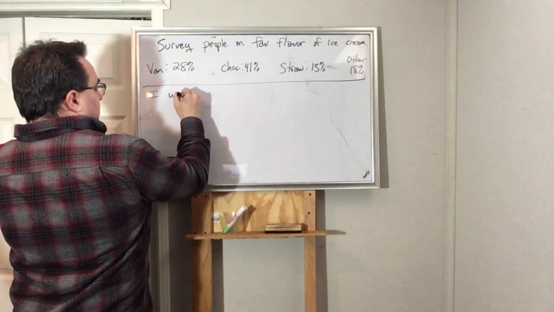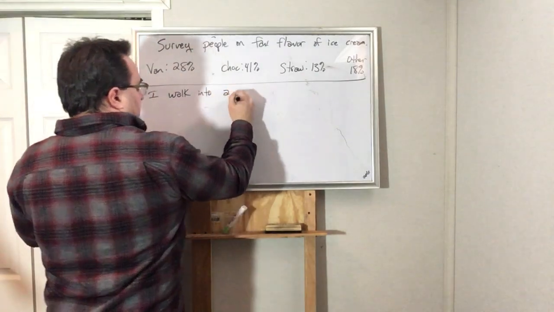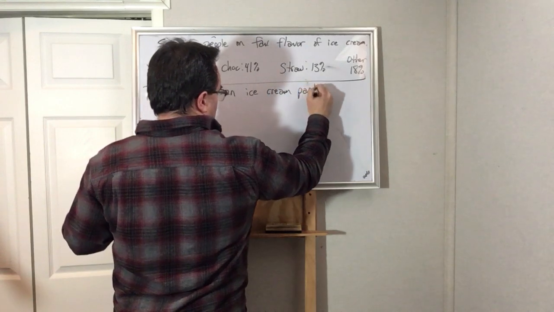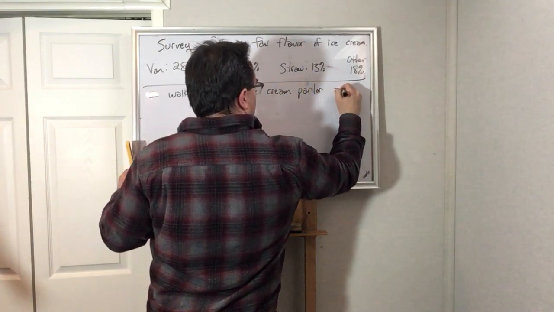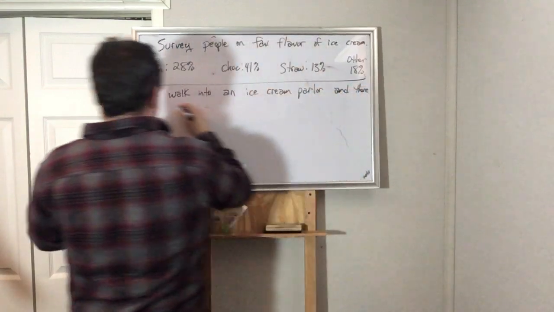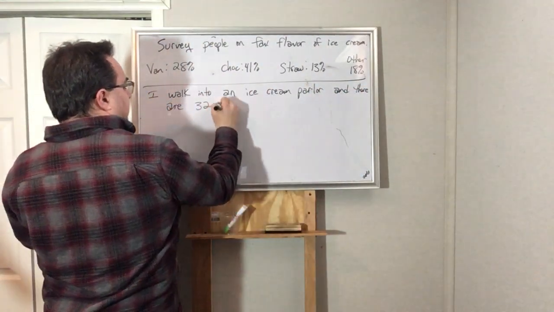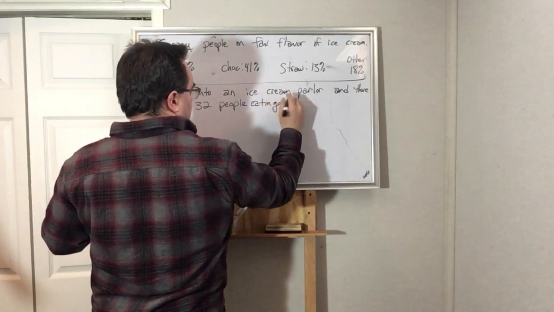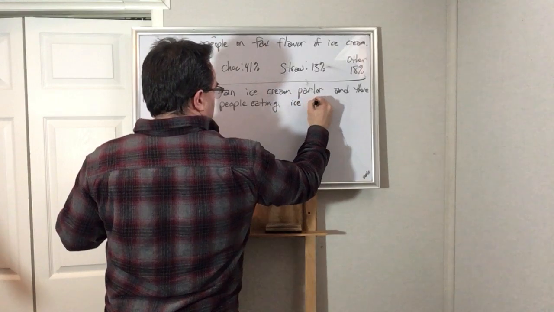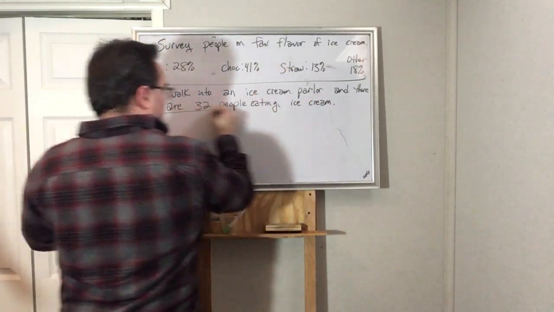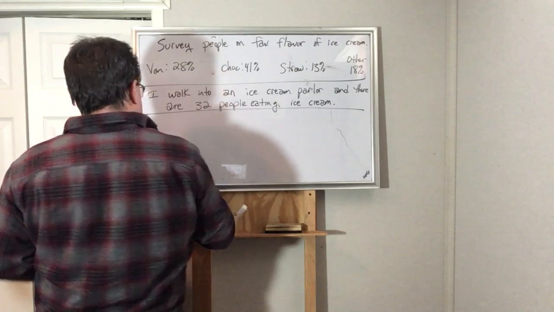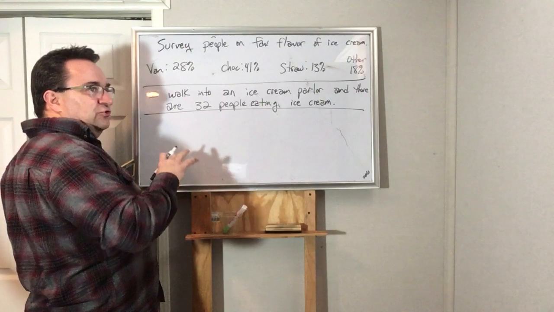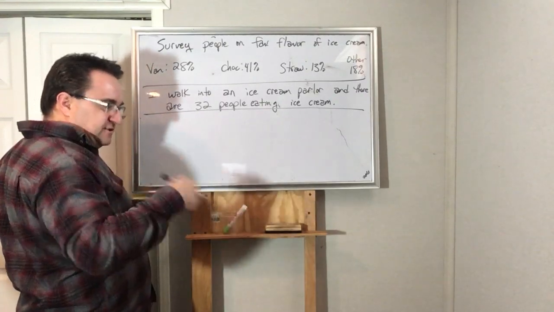I walk into an ice cream parlor and there are 32 people eating ice cream. So I'd have to give you that information as well. So if I look around the room at all 32 people, they're all sitting there eating their ice cream.